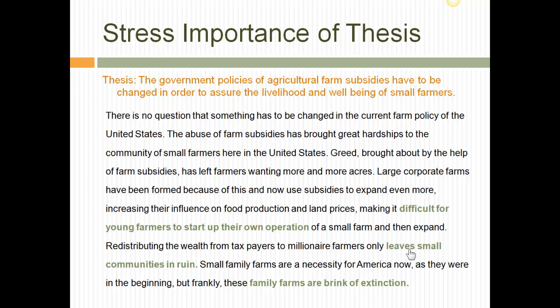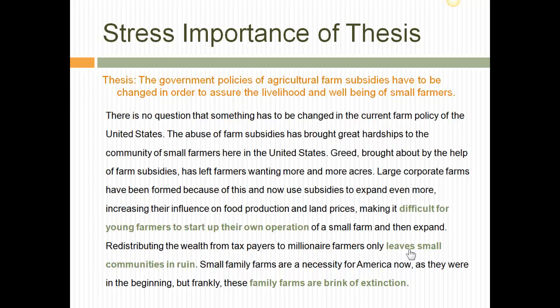Notice how we have similar wording as the thesis, but we're not restating it directly. Then we go on to pull together the topics that have been discussed in the rest of the essay. The abuse of farm subsidies has brought hardship to small farmers. Greed has left farmers needing more acres. Corporate farms have been formed and use these subsidies to expand themselves.